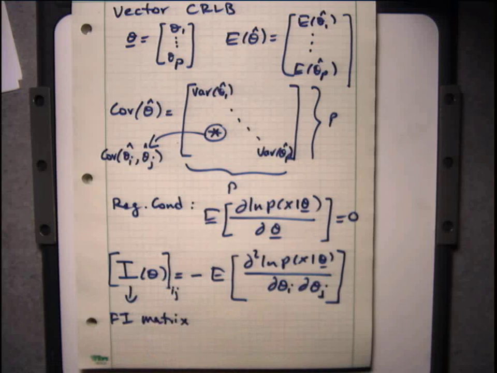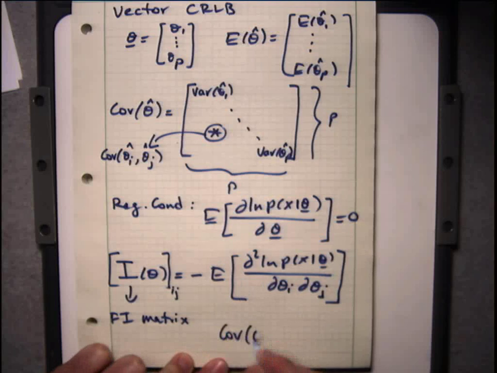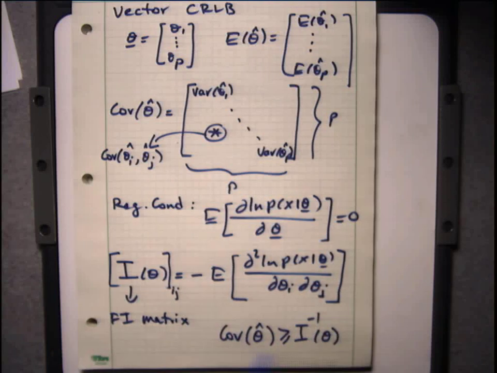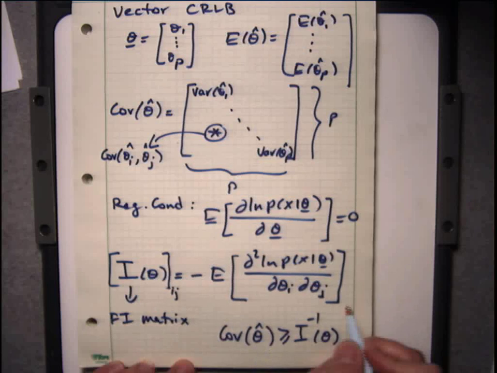Now, there's something slightly delicate about this. We write the Cramer-Rao bound using the Fisher information matrix like this: the covariance of theta hat is greater than or equal to I inverse of theta. This is the CRLB for the vector case, but I have to explain what it means.